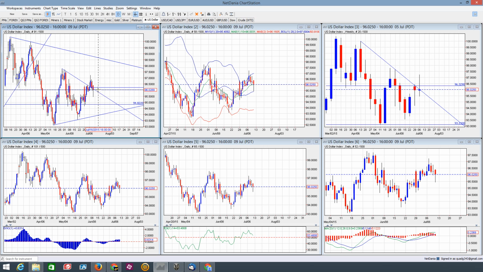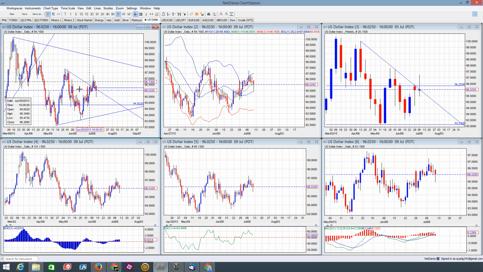But if this has just been a contracted flat correction as part of a larger impulsive drive to the downside, a break of this trend line down here could allow for a free fall in price.